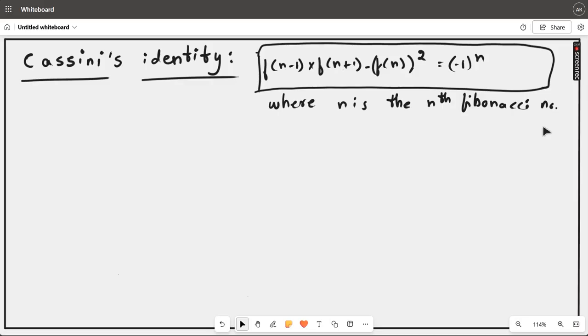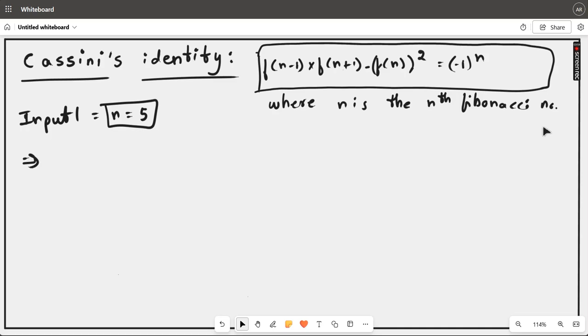If we analyze with the example they gave, input 1, n equals 5.